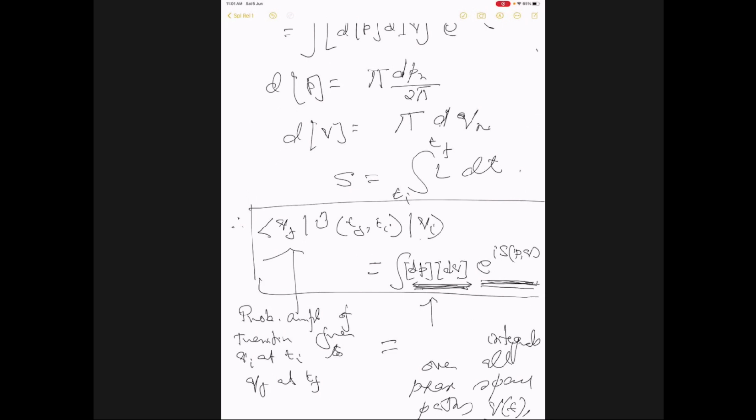So it tells you that among all paths, there is a factor which is this, which would determine or modulate this probability transition.